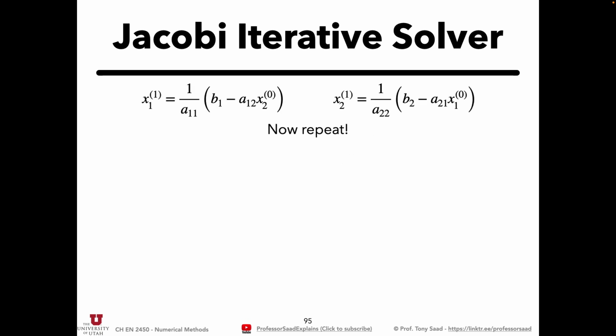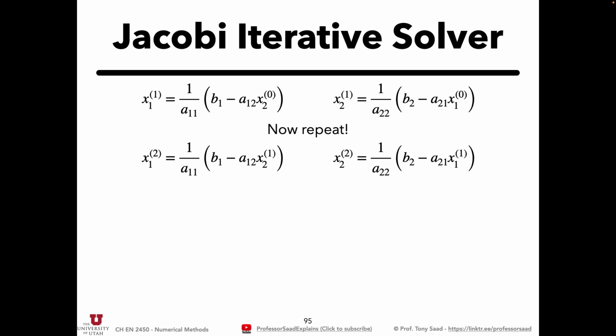Then you take the x1 values, put them in that same formula from the system of equations, and improve them to get second iteration values. This process is called iteration. You start with a guess, and you keep improving that guess using the system of equations until you hopefully converge. And guess what? It does converge.